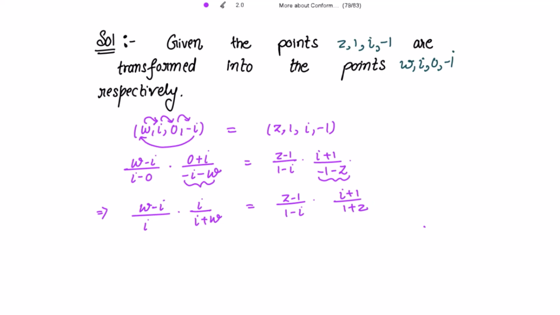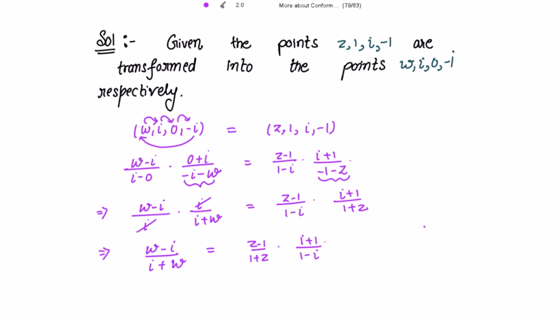That negative sign cancelled out from both the denominators. So this iota will go, and we get w minus iota divided by iota plus w equal to z minus 1. Let's take this first: 1 plus z into iota plus 1 divided by 1 minus iota.